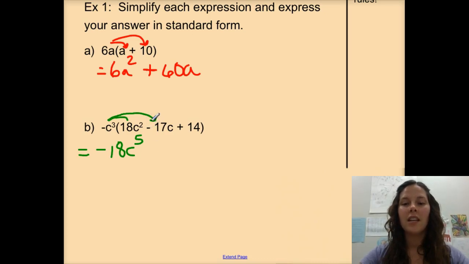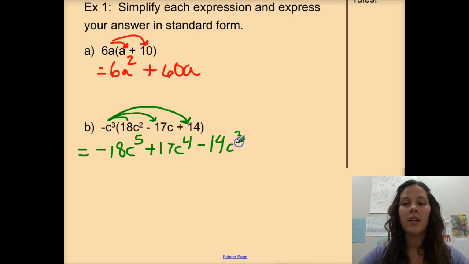The negatives cancel to a positive 17. And c cubed times c gives us c to the fourth. And finally, distributing that to our positive 14. The negative times the positive gives us a negative 14 c cubed.